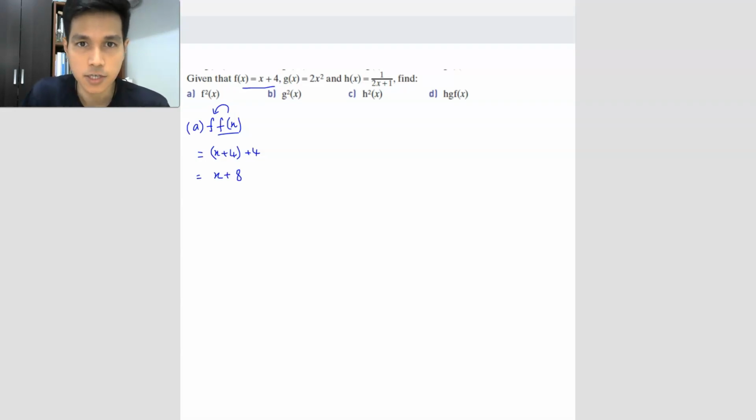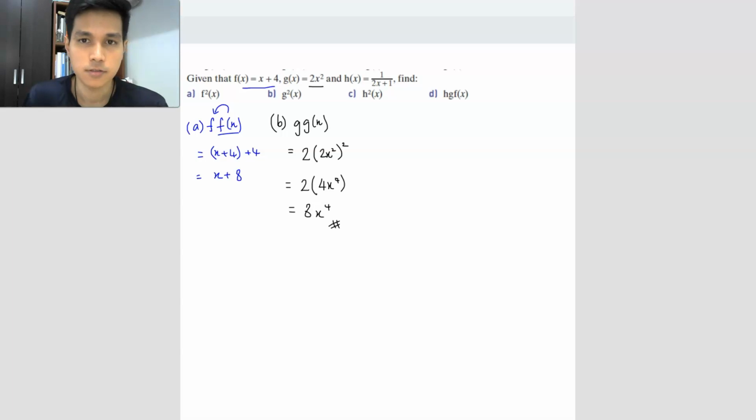Next, g squared, g of g(x). g(x) is 2x squared, so you have to substitute back into itself. The x here becomes 2x squared, and on top of that you have to square again. So you get 4x to the power 4, 8x to the power 4.